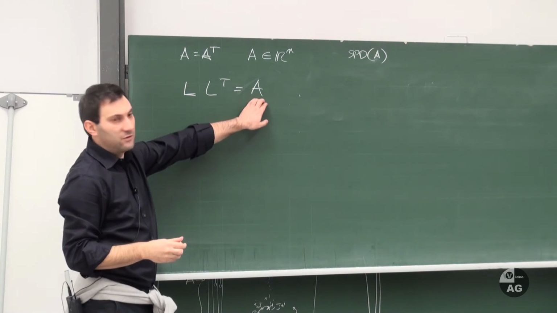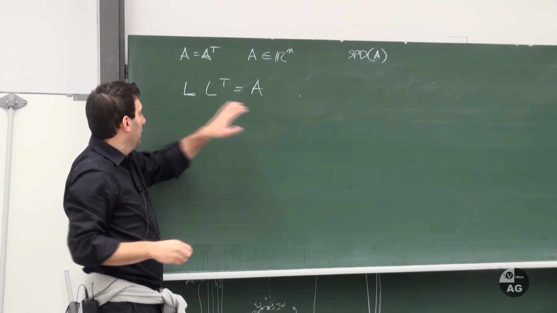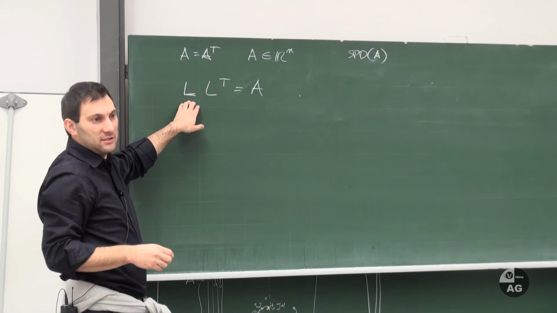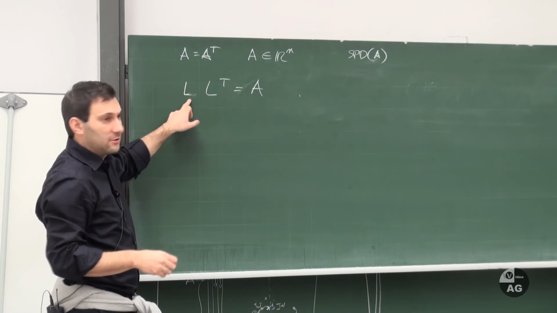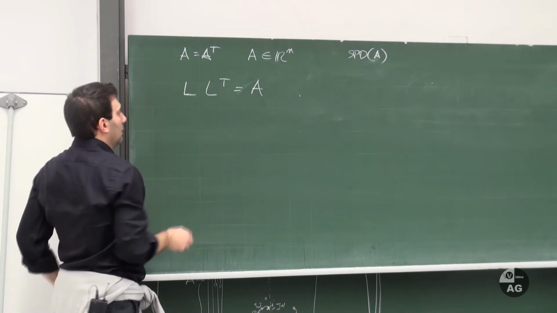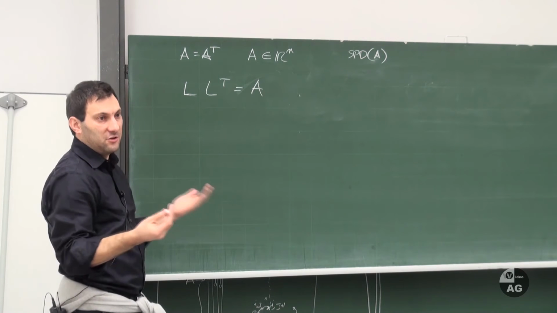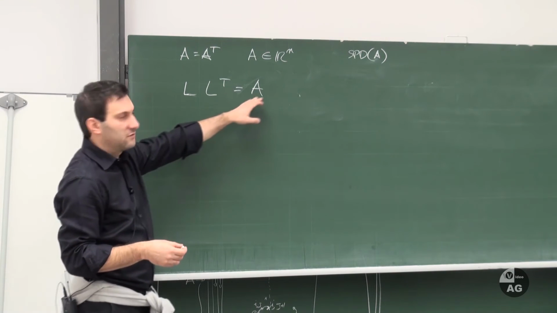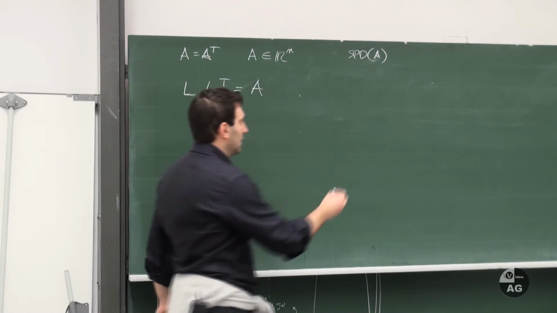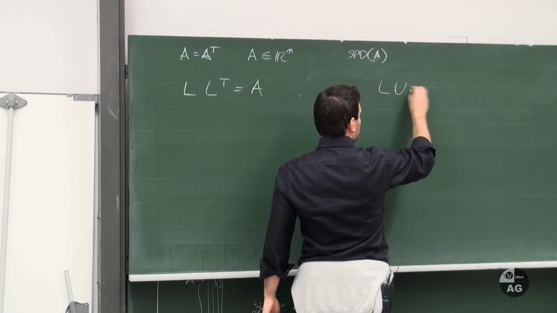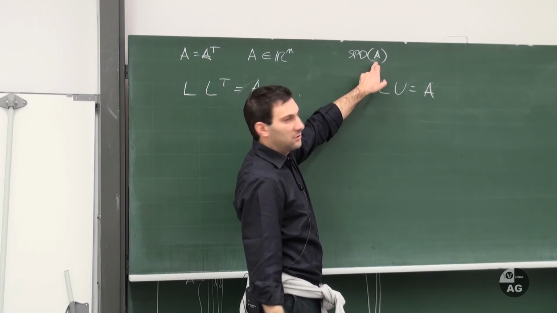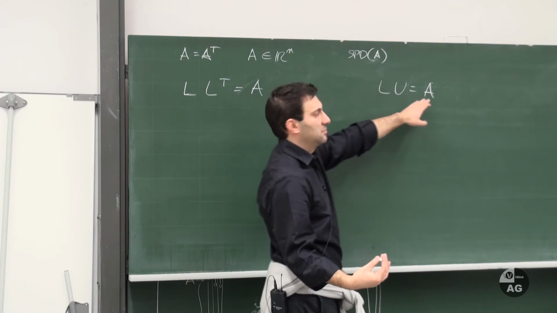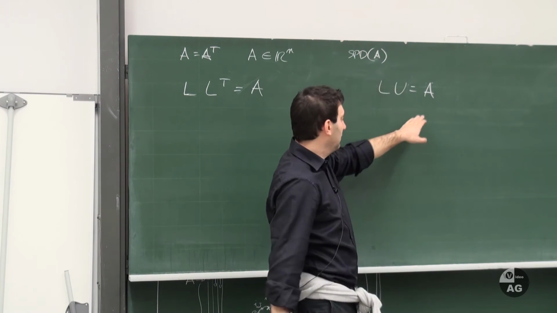Notice that A is the input, and L is called the Cholesky factor. It gives you a factorization, the Cholesky factorization of the matrix A. It's exactly the same as LU, except that now my matrix has more structure: it's symmetric positive definite.